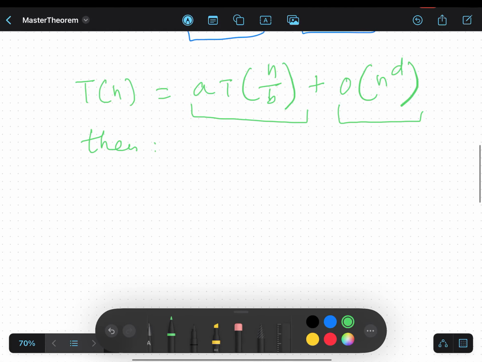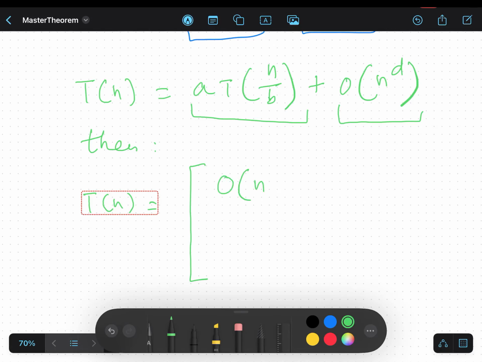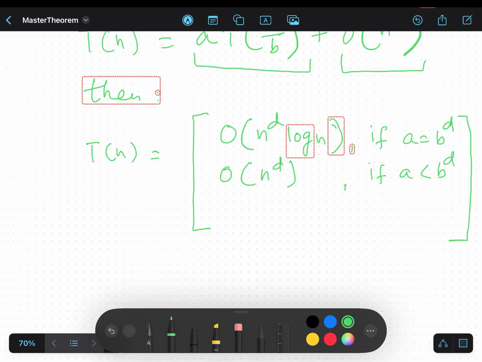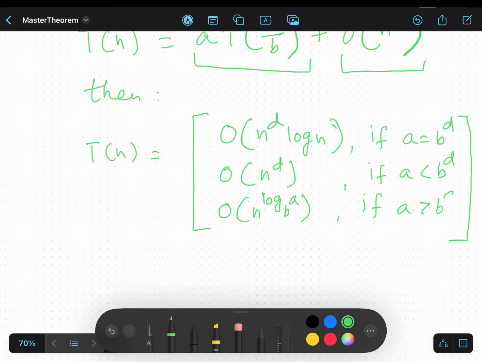the recurrence time complexity would be n to the power d log n if a is equal to b to the power d, and the recurrence time complexity would be n to the power d if a is less than b to the power d, and n to the power log base b a if a is greater than b to the power d.